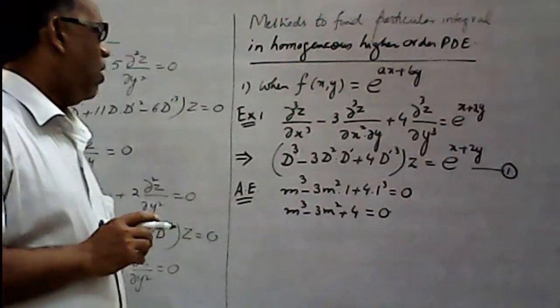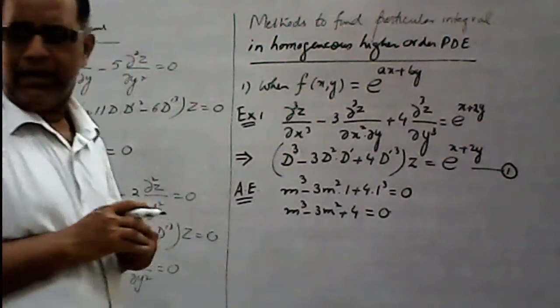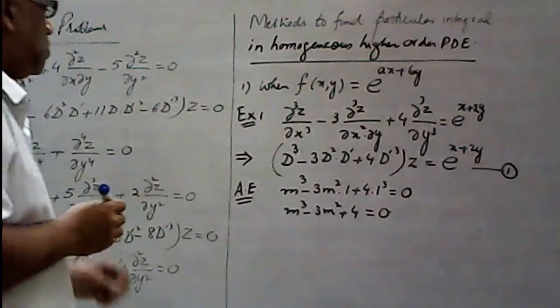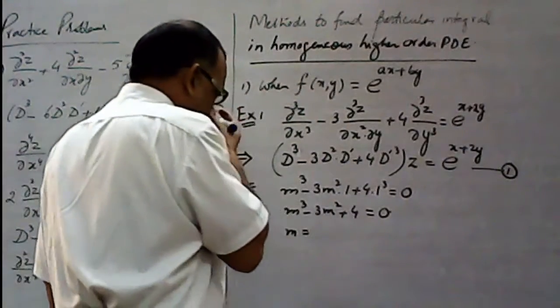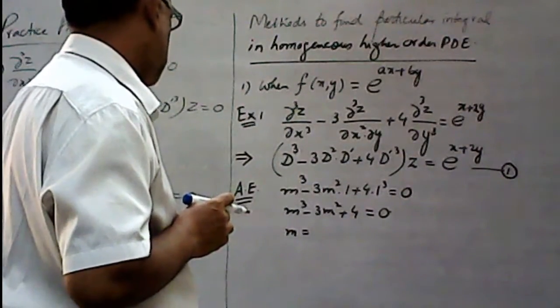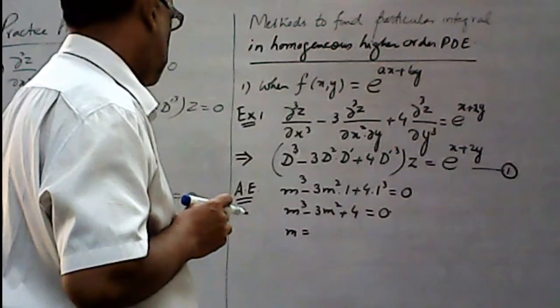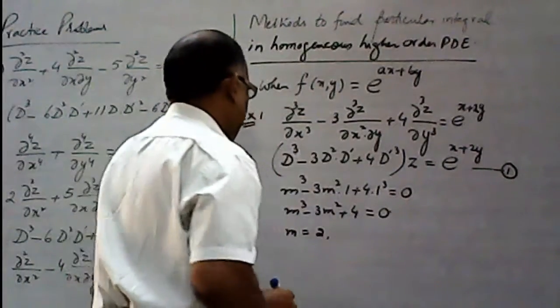This is the auxiliary equation. Then you need to find the roots. For me, one root of this equation will be 2.